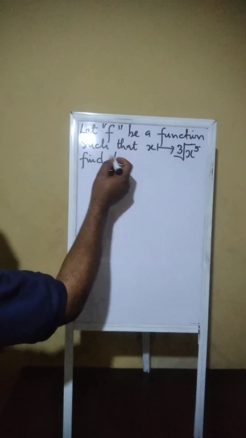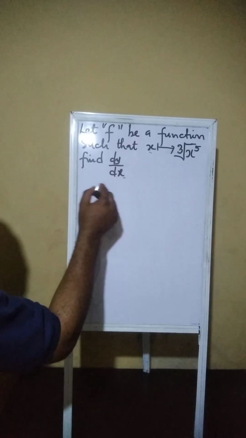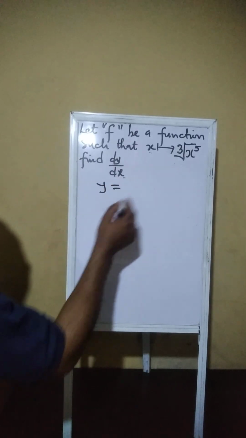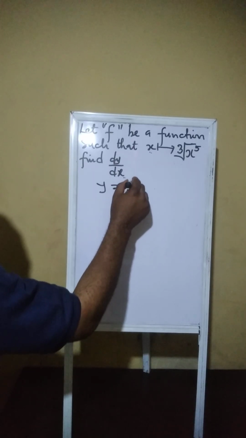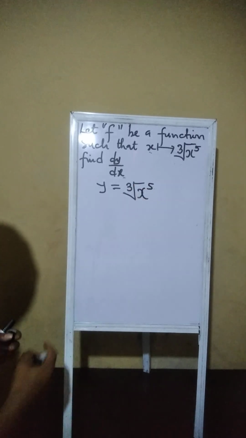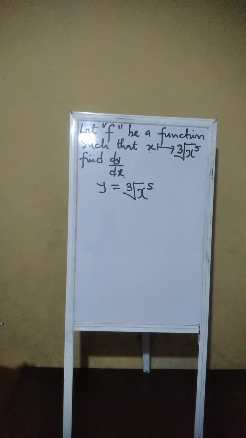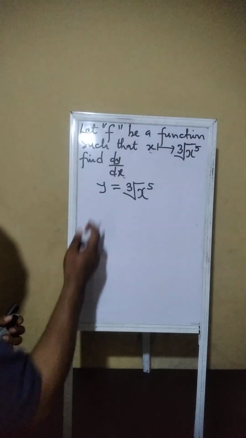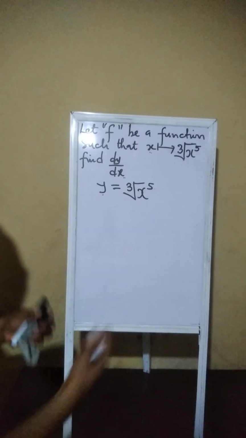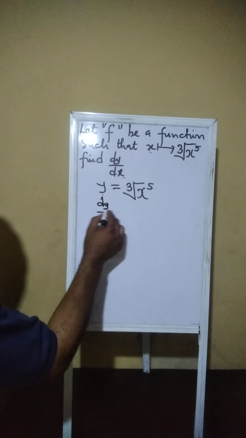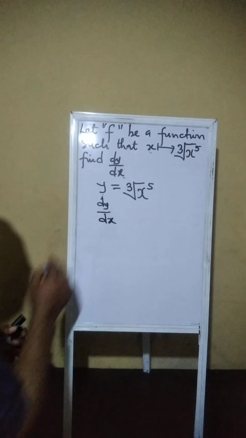Now the question is that x maps to y, which is equal to the cube root of x raised to the power of 5. Can we differentiate now? We're differentiating y with respect to x. So the result is dy all over dx.